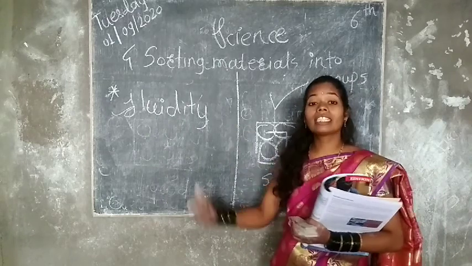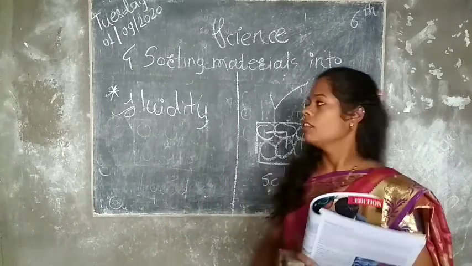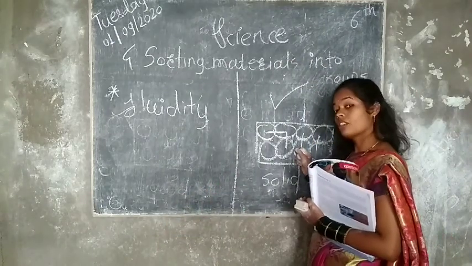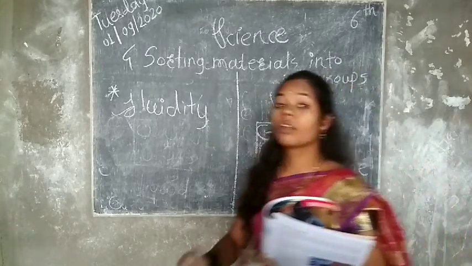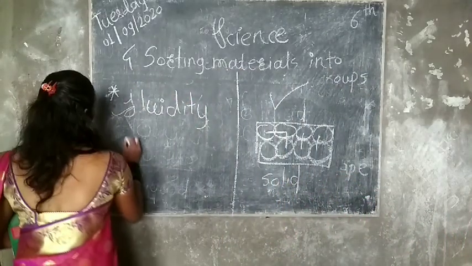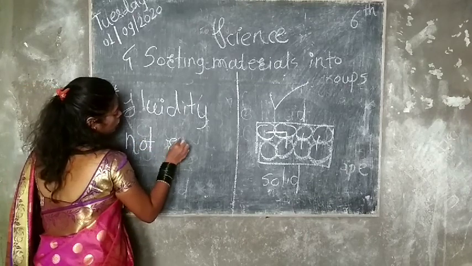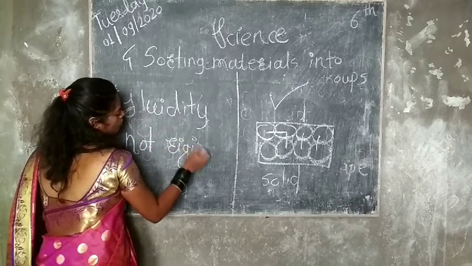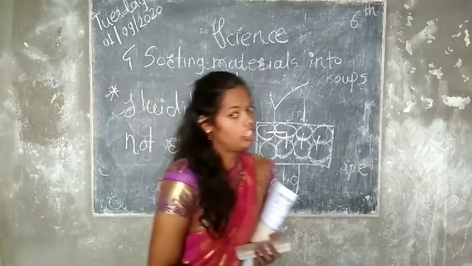Okay? Solids are rigid. Rigid means strong, firm, because they have a strong force of attraction. But liquids are not rigid. You should write like this: liquids are not rigid, but solids are rigid.